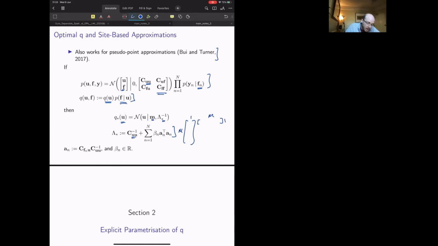One way you can interpret what we're going to see later is that there's going to be sparsity structure in these.